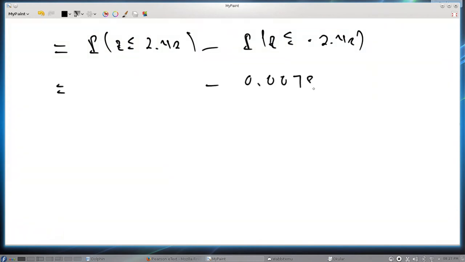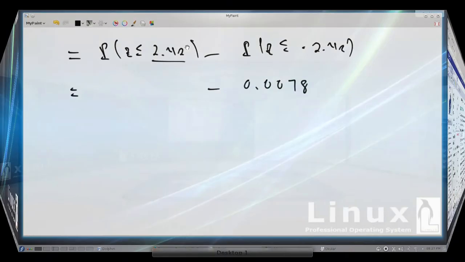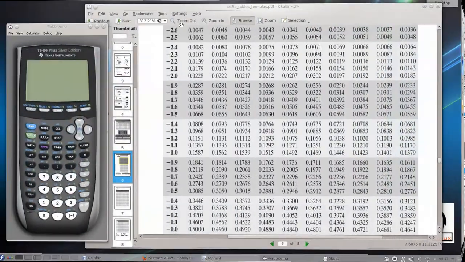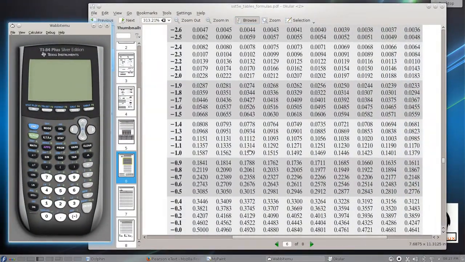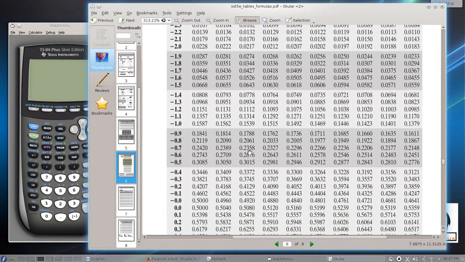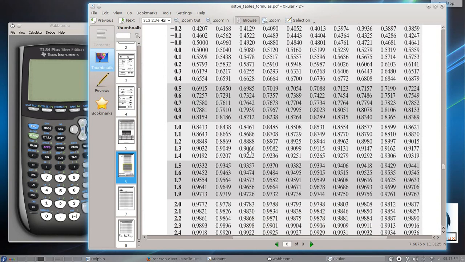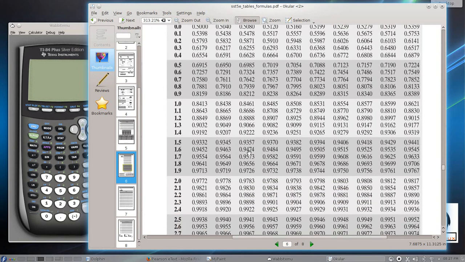So here is what I have, 0.0078. What about a positive 2.42? Well, we're going to go to the positive region. So it's still under this column, but I go to the plus and go down here. So this is 2.42 right here.